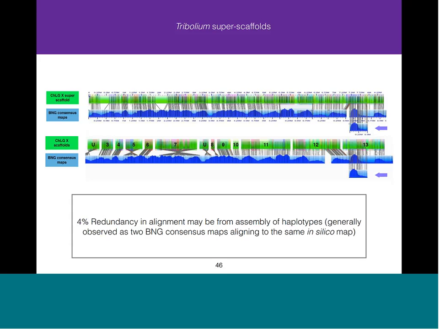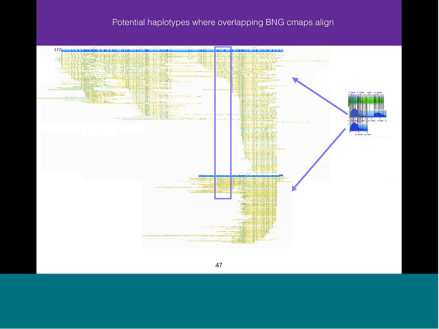If we take a look at the molecule pileups for that, the molecules here are in yellow and the BNG CMAP is in blue, what I see is an agreement in the pattern on the molecules in the region outside of the purple box. But within the purple box, I have lower coverage and also the pattern shifts between the two putative haplotypes.